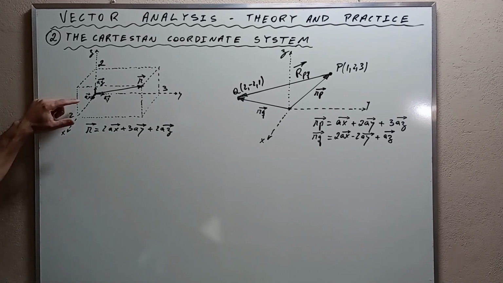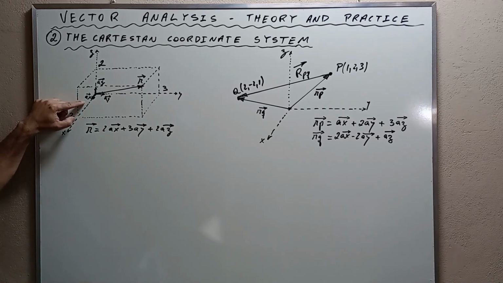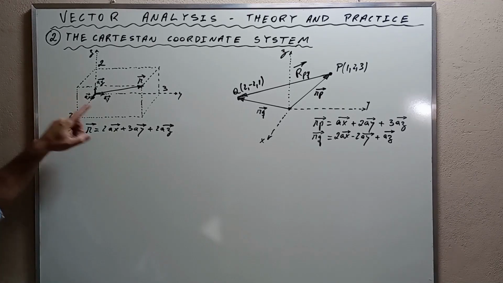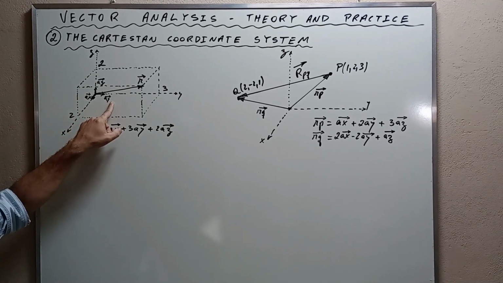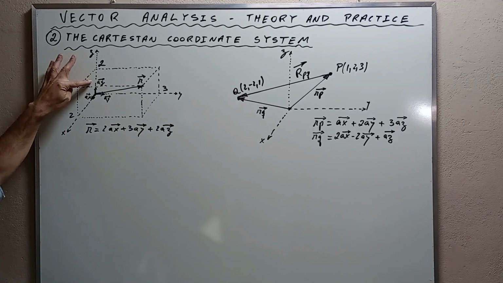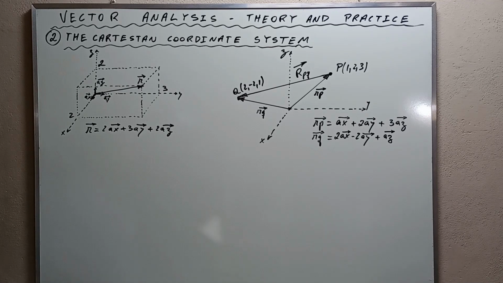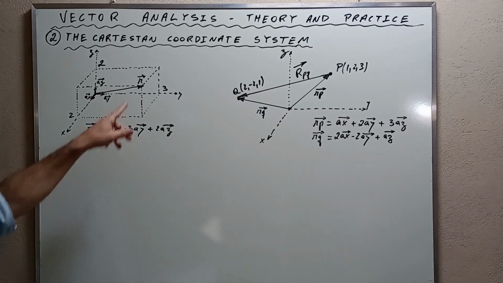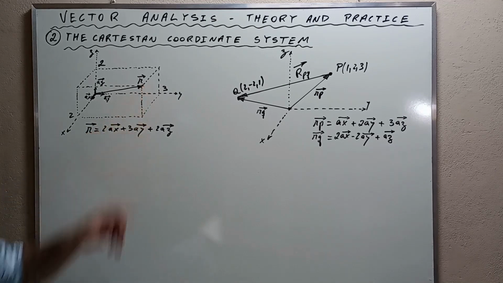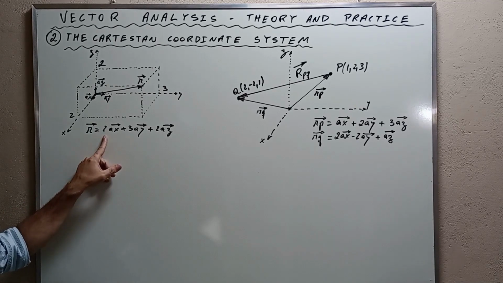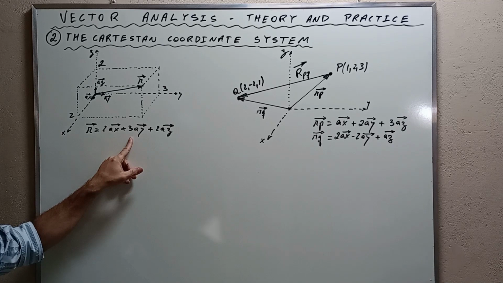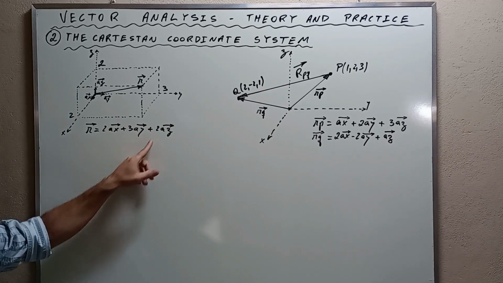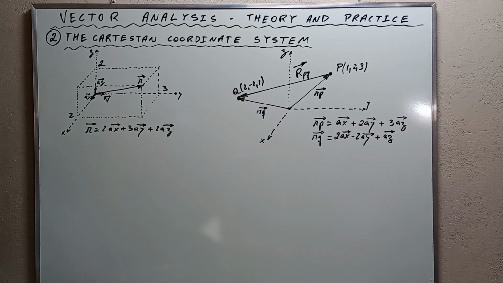In this way, ax is the unit vector in the x direction, ay is the unit vector in the y direction, and az is the unit vector in the z direction. In such a representation, vector r is represented as 2 times ax plus 3 times ay plus 2 times az.